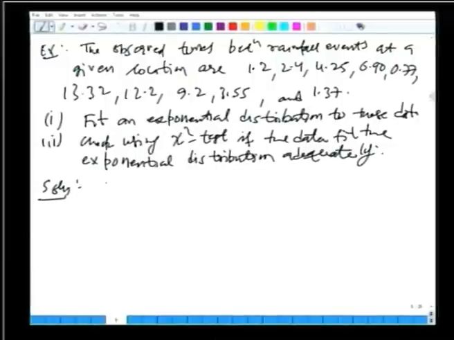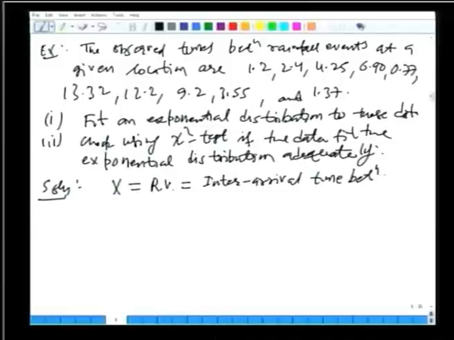Okay, what is the random variable x? How is it defined? It is nothing but the inter-arrival times between 2 rainfall events. That is your random variable.